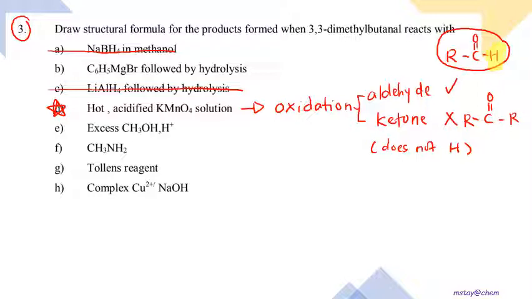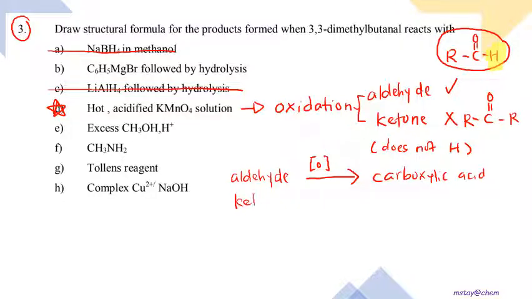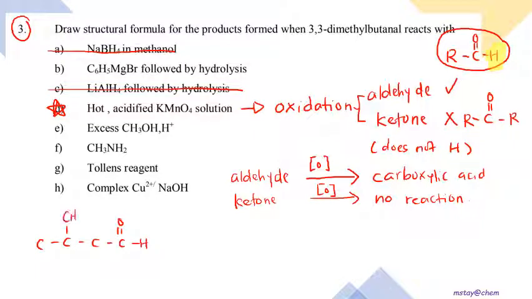If aldehyde undergoes oxidation, it will turn to carboxylic acid. So we write again: ketone, oxidation, no reaction. Now 3,3-dimethylbutanal. Draw the structure again: C double bond O H at the terminal, CH3, CH3 at the third carbon from the right, and this one will be CH2.